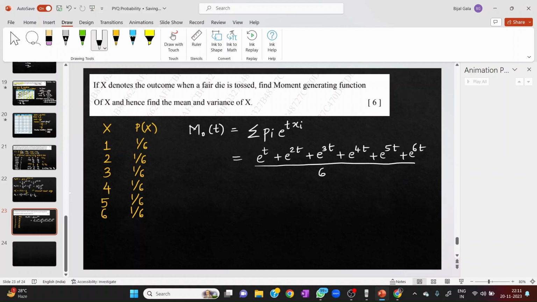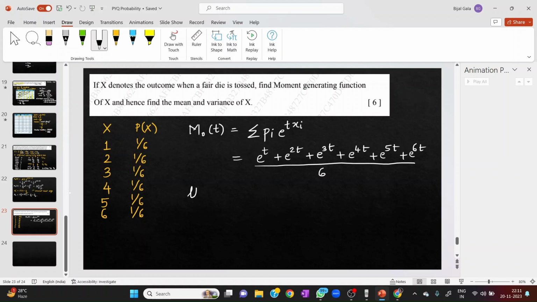Now to find mean and variance using the moment generating function, there are two options. One is you expand the entire terms and then find the coefficients. Second option is you take the derivative of the moment generating function at t equal to 0.